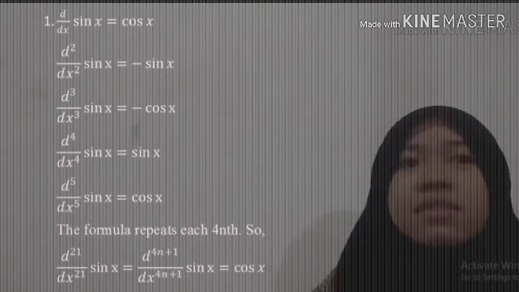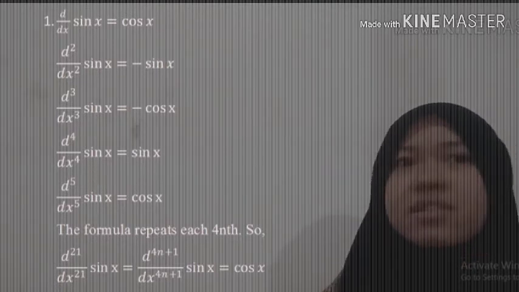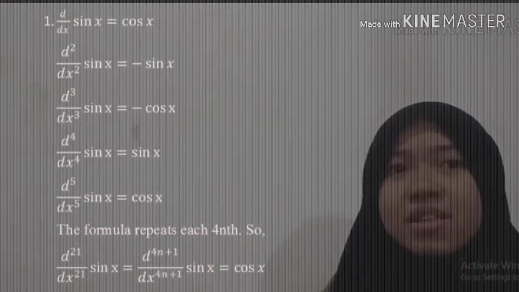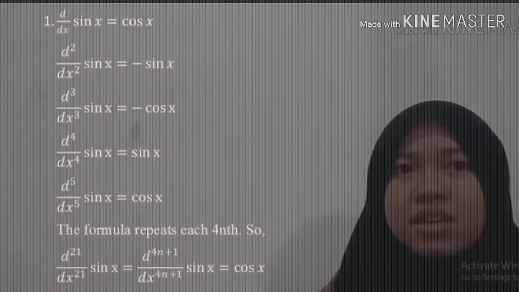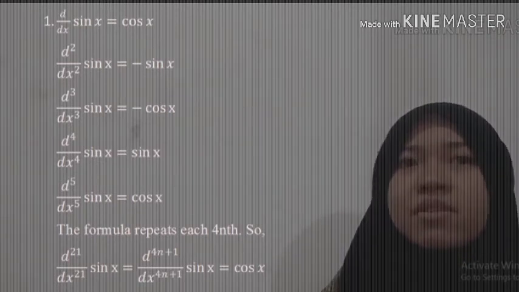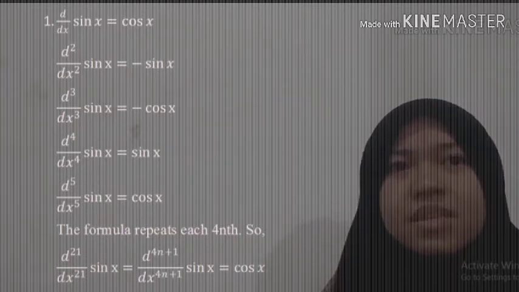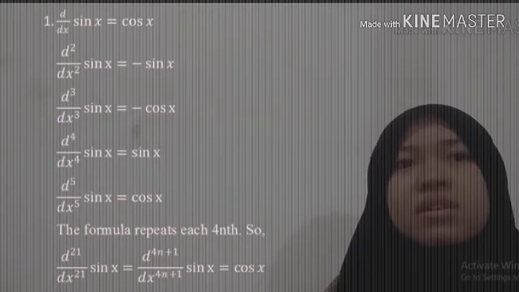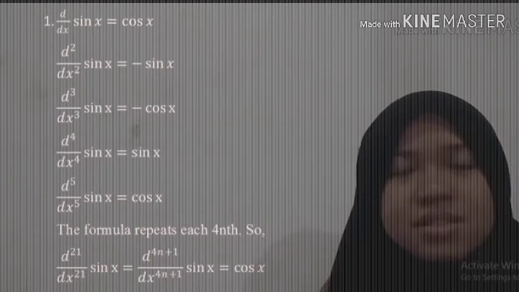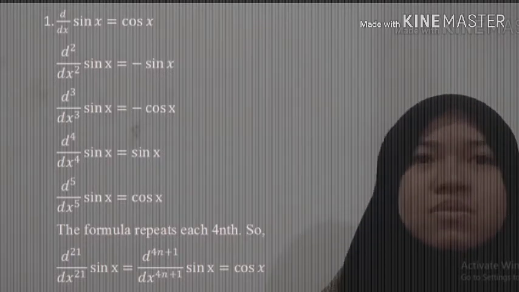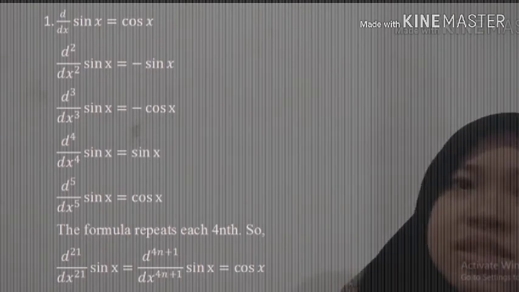The second derivative of sine x is equal to the derivative of the first derivative of sine x, which is the derivative of cosine x, which is negative sine x. The third derivative of sine x is equal to the derivative of negative sine x, so it's equal to negative cosine x. And so on. Look at this. It repeats each 4 times.